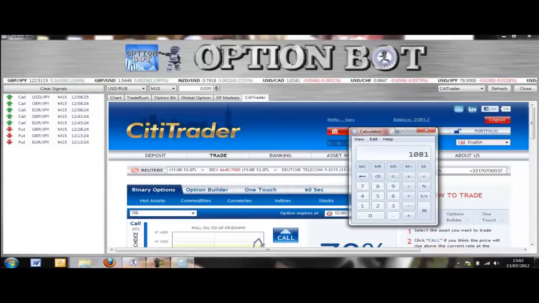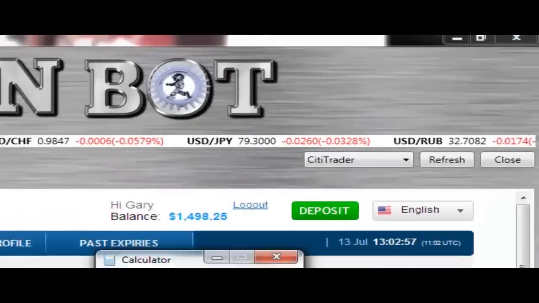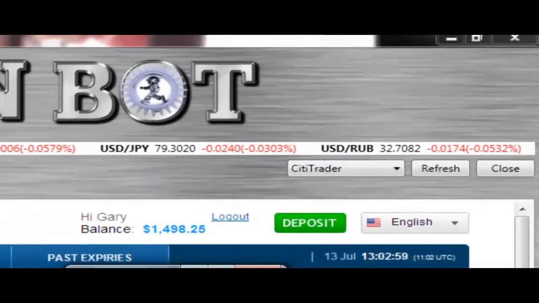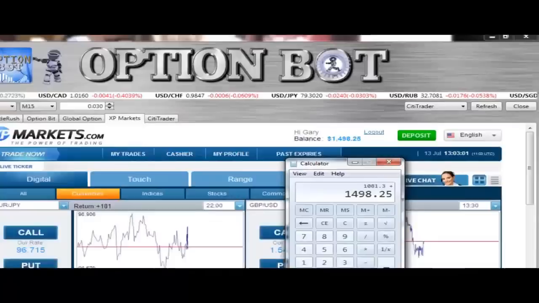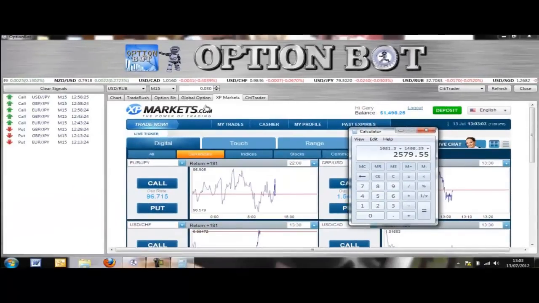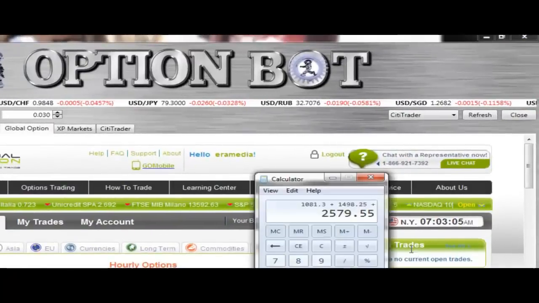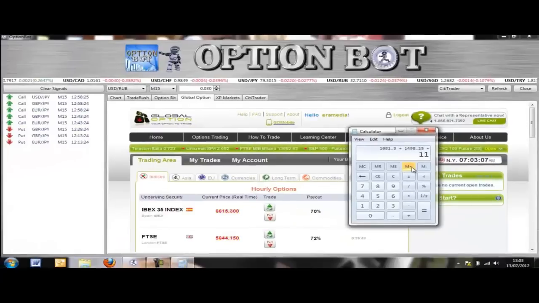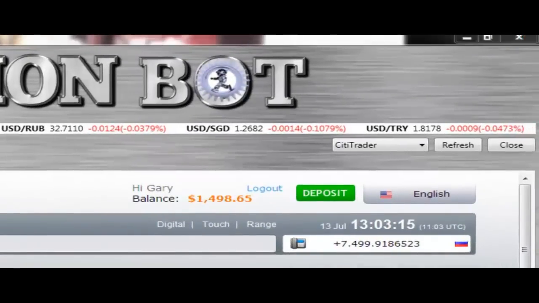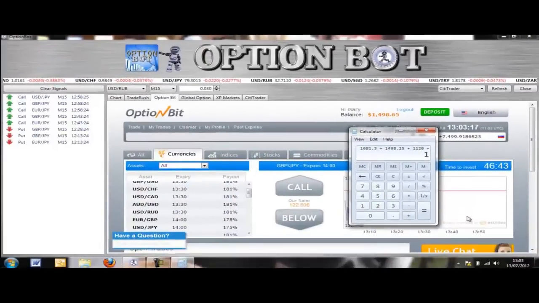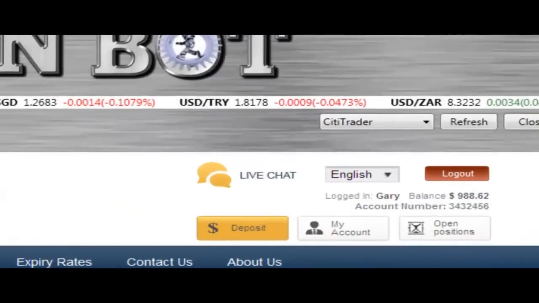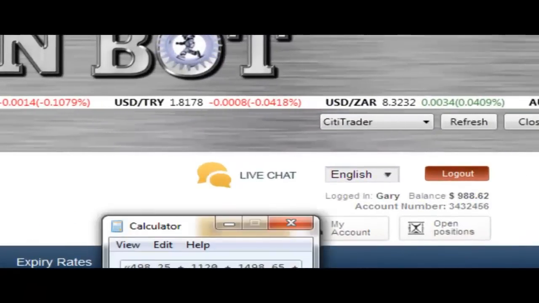So it's $1,081.30 with CityTrader, $1,498.25 with XP Markets, $1,120 with Global Option, $1,498.65 with OptionBit, and finally, $988.62 with TradeRush.